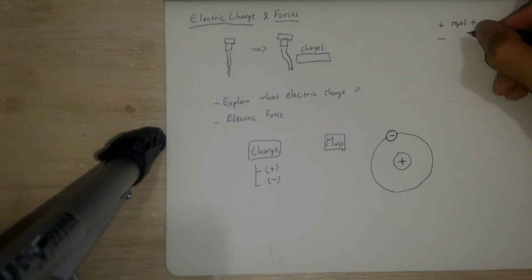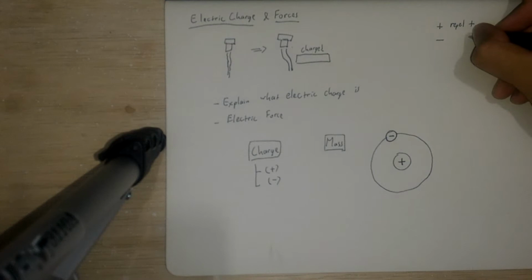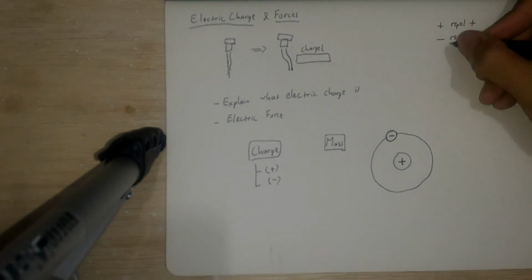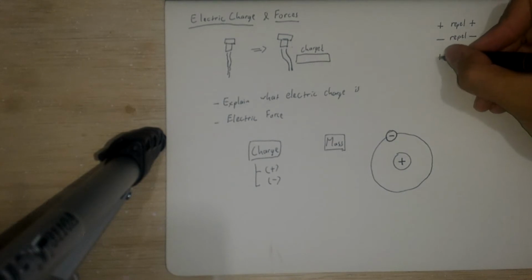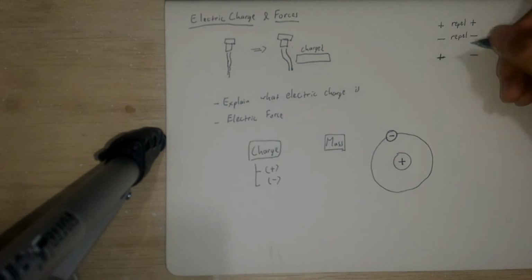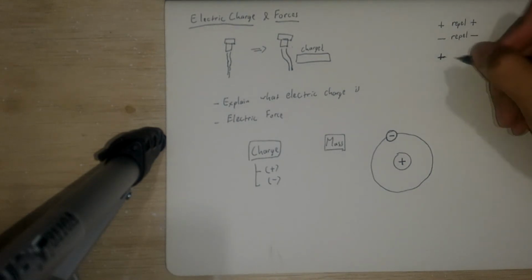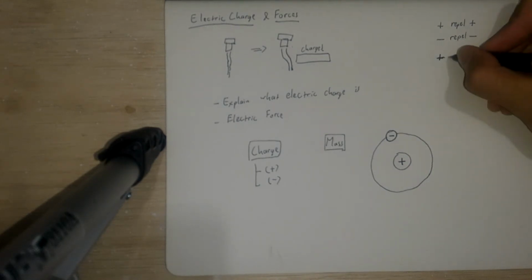If we have negative charge and negative charge, they will also repel. However, if we have one positive and one negative, no matter where they are, the negative can be on the left and the positive on the right, and they will attract each other.